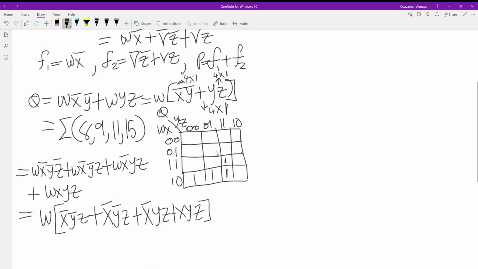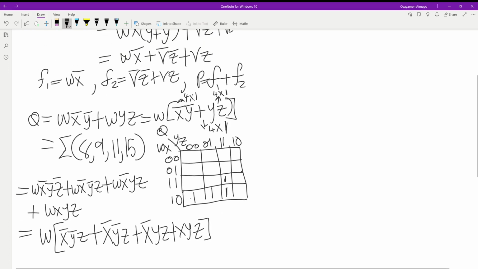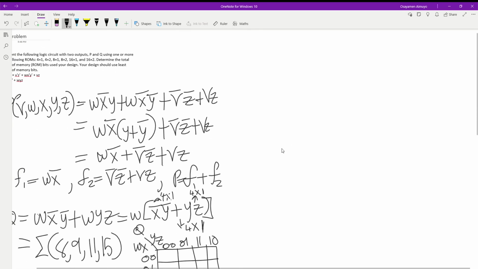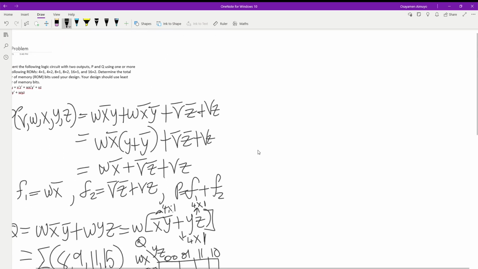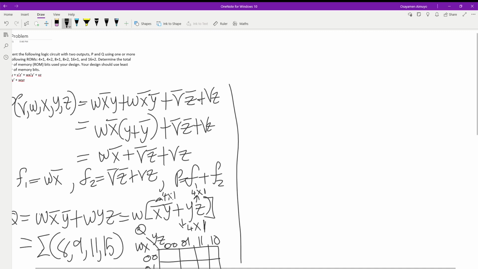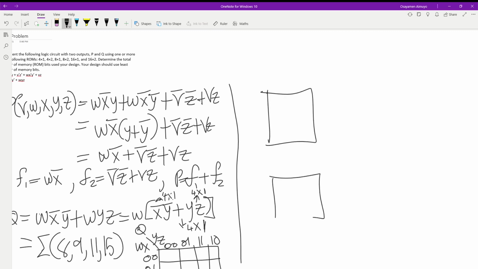Okay, let me not digress. The schematic for this circuit would be as follows. Let me draw it right here. So you have this ROM, and then this ROM. This one receives y, this one receives z. This one receives w, this one receives x. And then you have F1, F2.